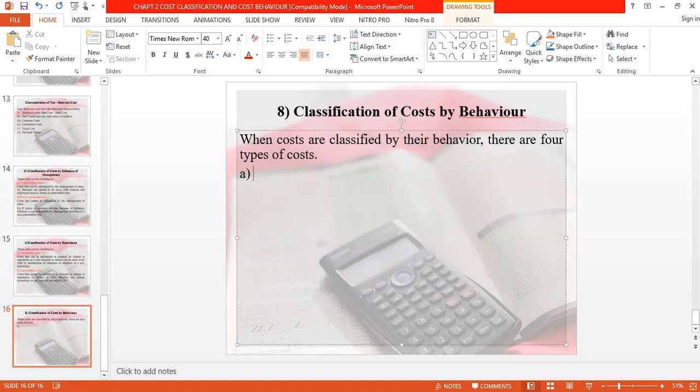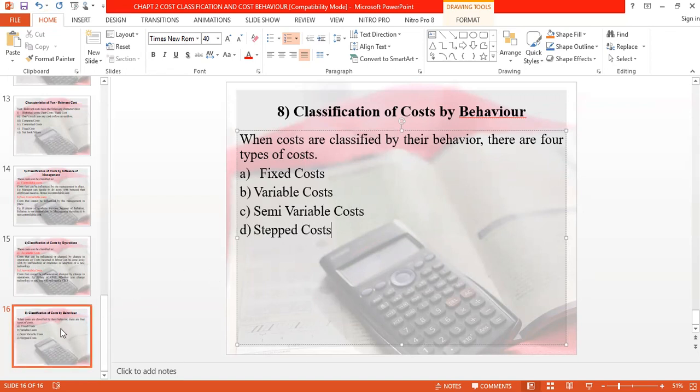A, we have what is called fixed costs. B, we have what is called variable costs. C, we have what is called semi-variable costs. And D, we have what is called stepped costs. So there are 4 types of costs: fixed costs, variable costs, semi-variable costs, and what? Stepped costs.